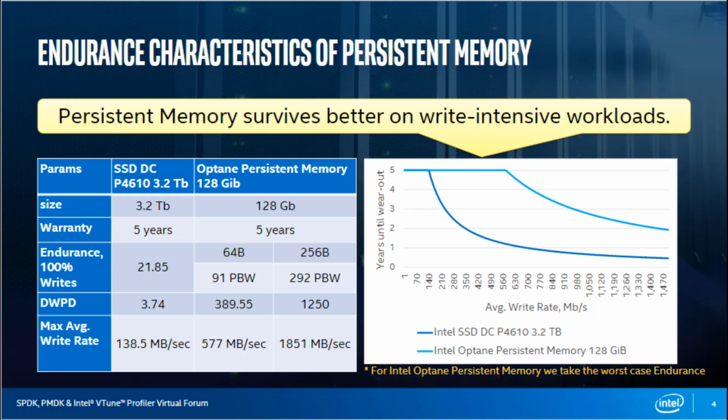In addition to performance, this is an advantage: the endurance characteristics of persistent memory. So if you have write-intensive workloads, you can monitor them, and if you have a problem with the lifespan of your storage device, you might consider persistent memory.